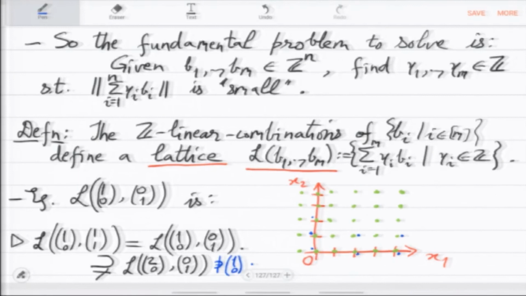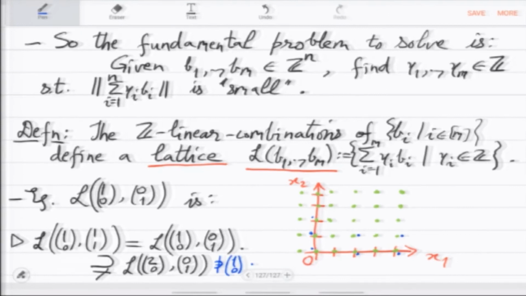Okay, so what is the question in this lattice that we are interested in? So the question is, given a lattice, find a vector in the lattice which is small. So for example, you can ask the idealized question, find the smallest vector in the given lattice.